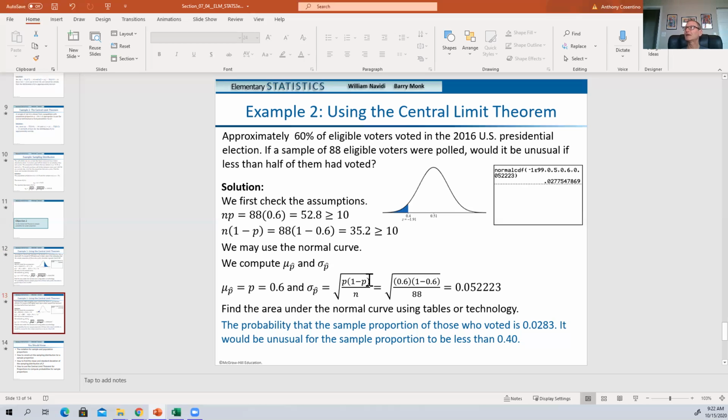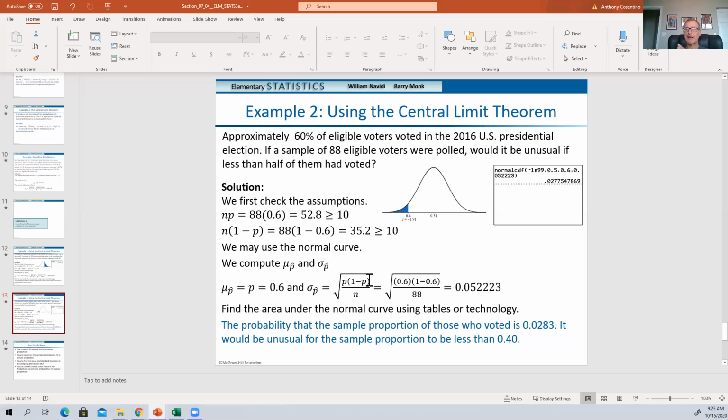And the idea of this unusual is that the probability if less than half of them have voted. And so that would be the probability of them less than 0.5, right?